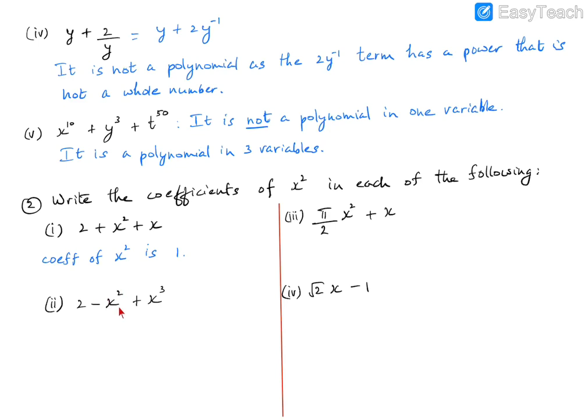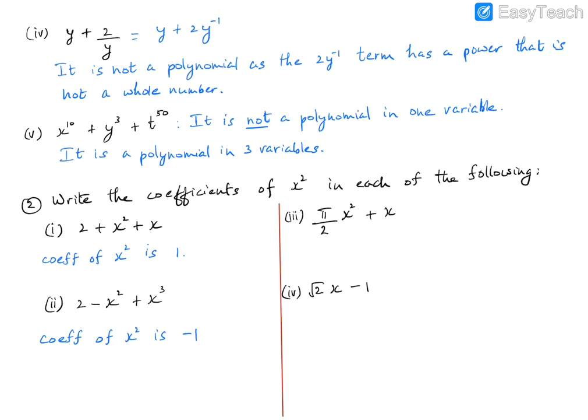So the coefficient of x squared in this case is going to be minus 1. It is basically 2 minus 1x squared plus 1x cubed. So the coefficient of x squared in this expression is minus 1.